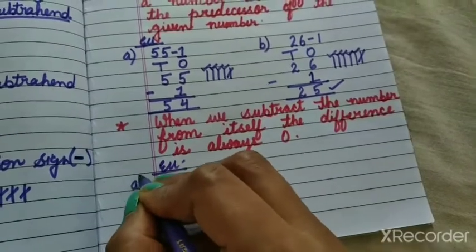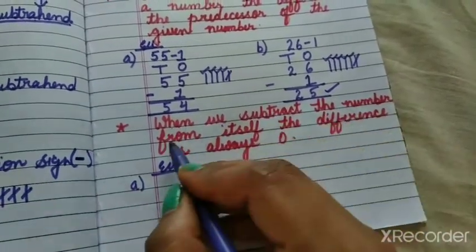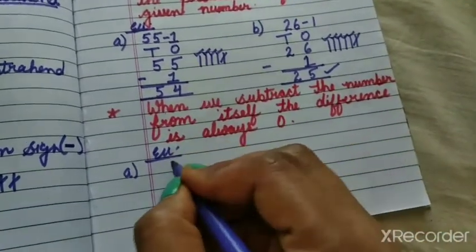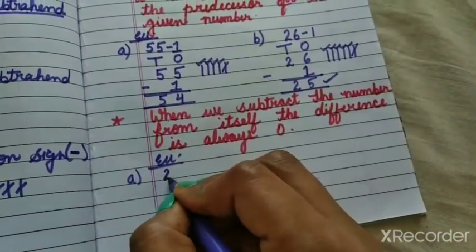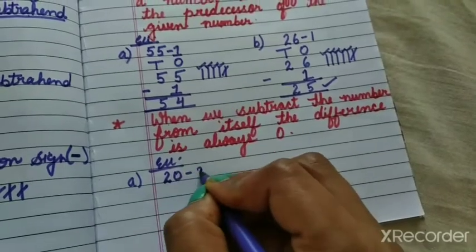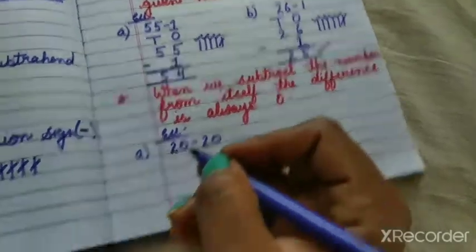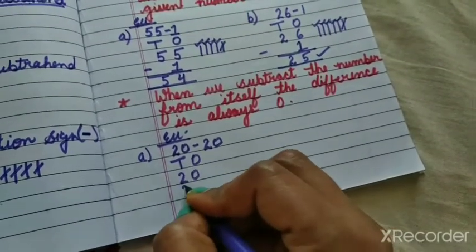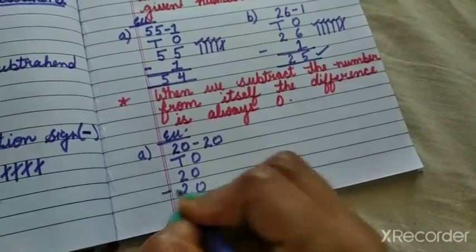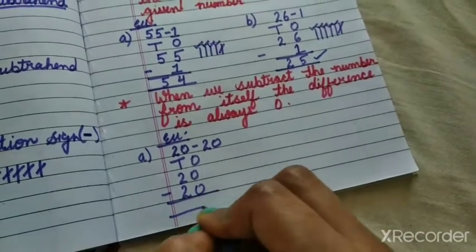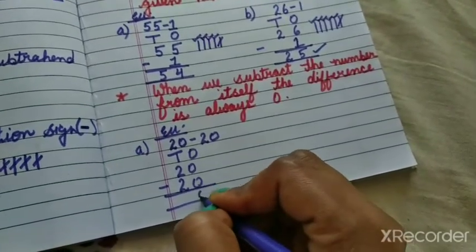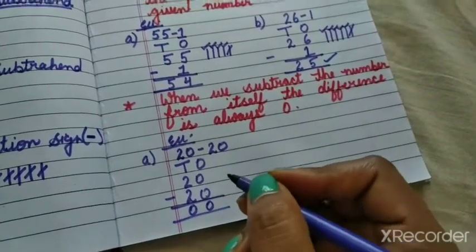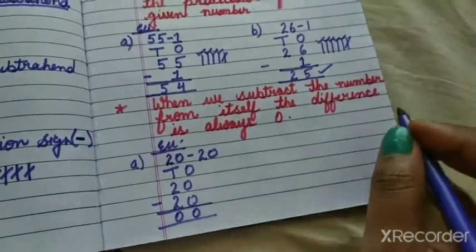Example. When we subtract the number from itself, means both numbers are same. So we do 20 minus 20. Okay. So write down here. Tens, ones, 2, 0, 2, 0. Subtraction sign. 0 minus 0, 0. 2 minus 2, 0. Yes. So this is also correct.